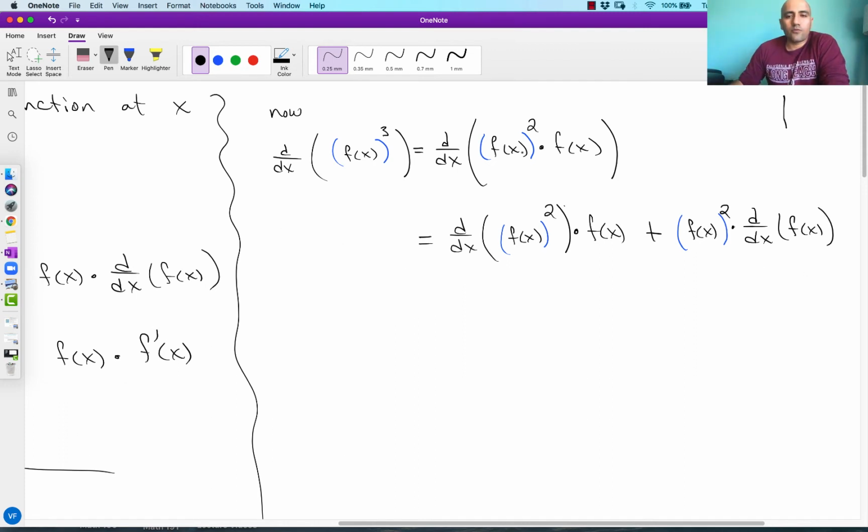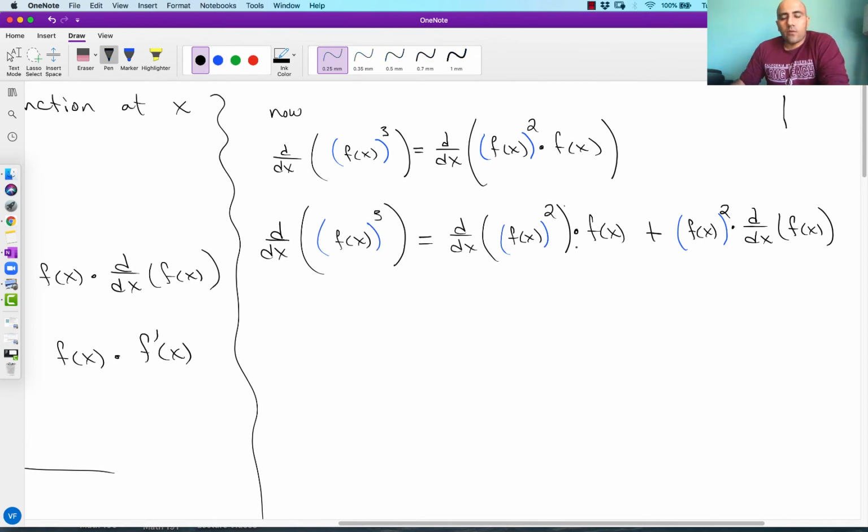Right? That's the product rule. We take turns. So derivative of the first one, that's this, times the second function, plus leave the first function alone, times the derivative of the second function. So that is the derivative with respect to x of f of x cubed.